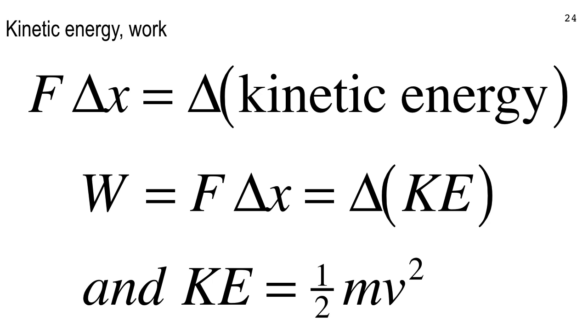Now, let's think about this for a second. If something is speeding up, that means its v is increasing to the right, its momentum is increasing to the right, and its kinetic energy, it's 1/2 mv squared, increasing to the right.